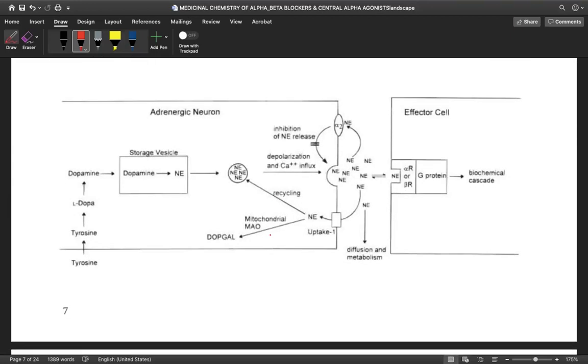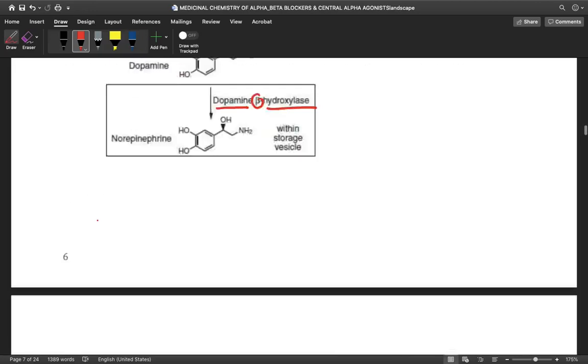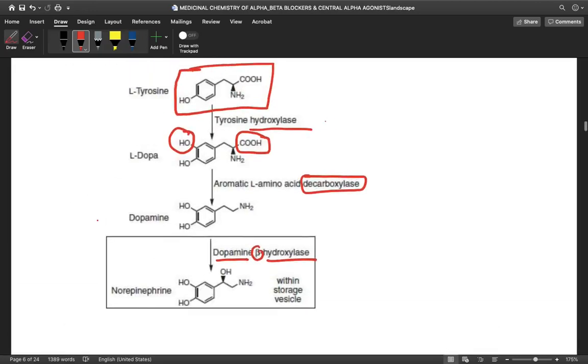So everything that I just talked about, beginning with tyrosine: you remember tyrosine is converted to L-dopa by tyrosine hydroxylase, and then L-dopa is converted to dopamine by aromatic L-amino acid decarboxylase, and then dopamine will be converted to norepinephrine by dopamine beta hydroxylase.